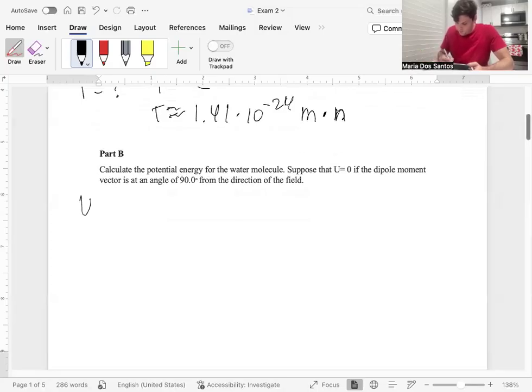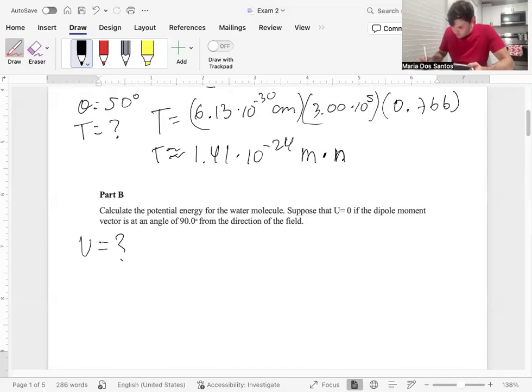We know the angle is not 90 degrees, so it cannot be 0. What other info do we have here?